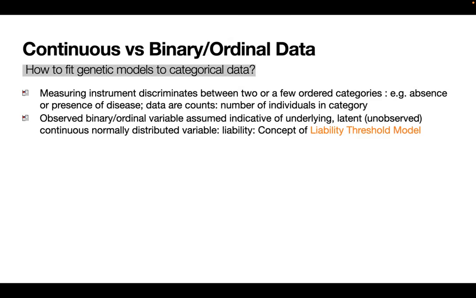Typically, we assume that the observed binary or ordinal variable is indicative of an underlying, latent, and unobserved, continuous, normally distributed variable called the liability. And this is the concept of the liability threshold model that was introduced earlier as well.